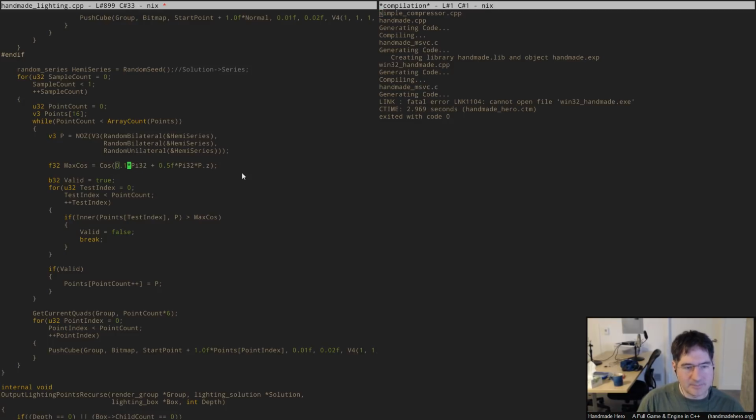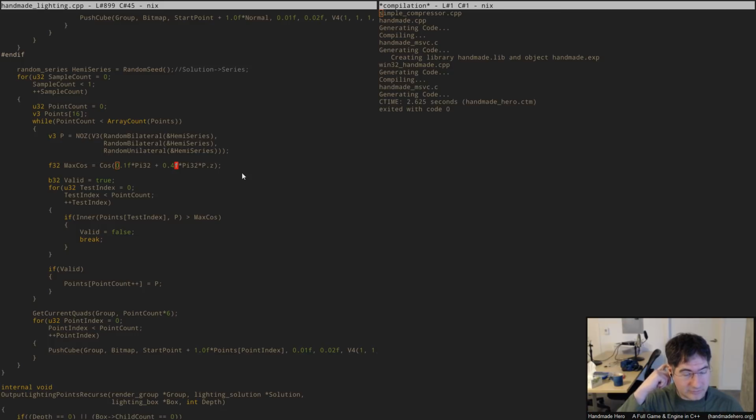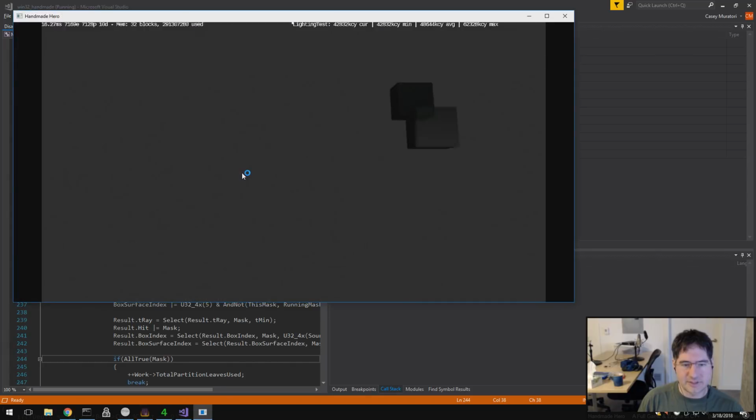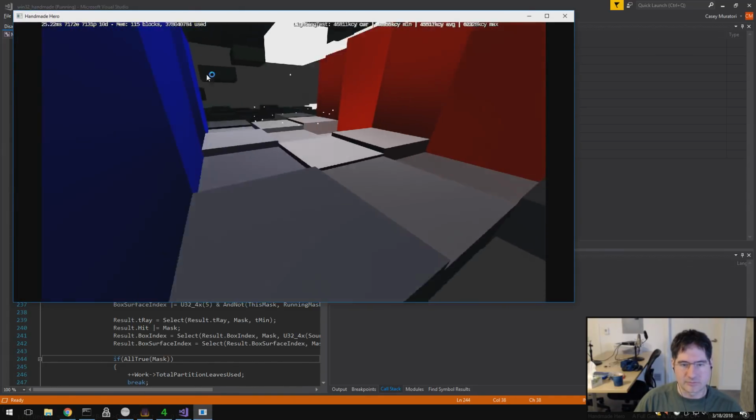Let's say a minimum angle of 0.1 pi radians. And then we want to use the 0.4 as the rest of our cosine range. That's how we're going to set up our angle-based distribution. So let's play around with this a little bit and see if that gets us more of what we were looking for.